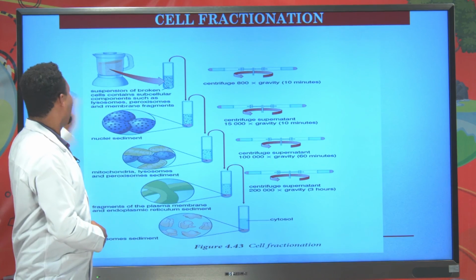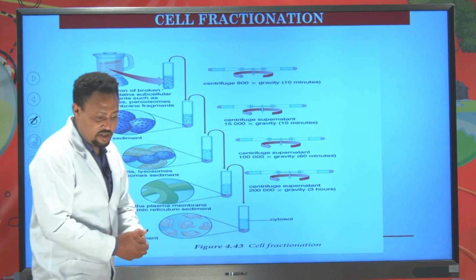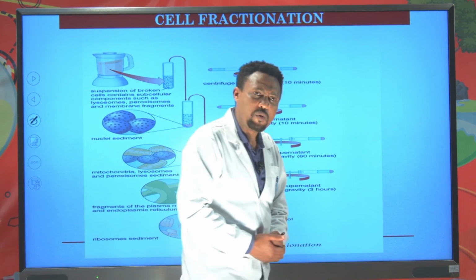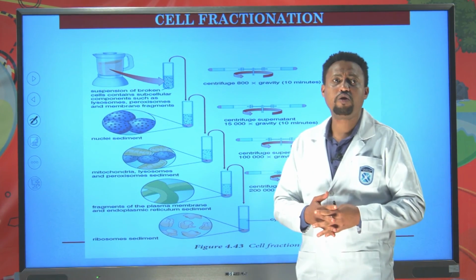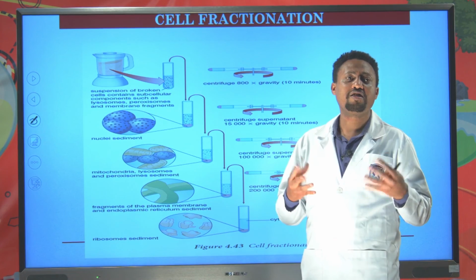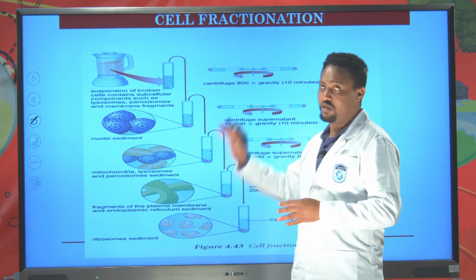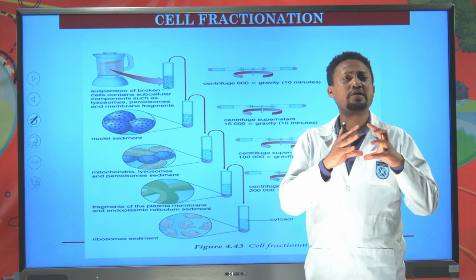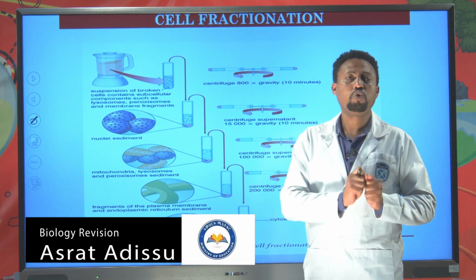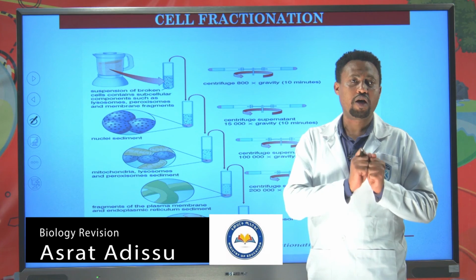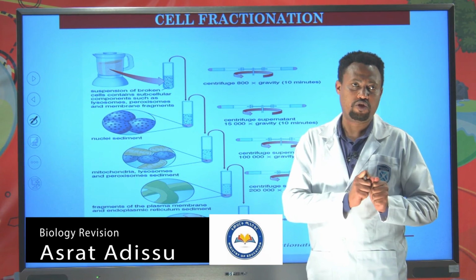And so, how do we know all these organelles anyway? All the ones that I have mentioned are known through the technique of cell fractionation. Scientists separate these organelles using a machine called an ultracentrifuge.